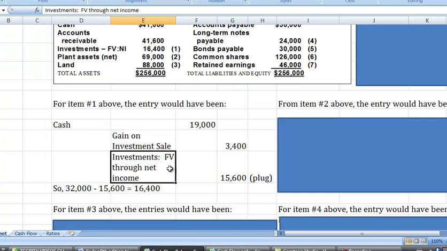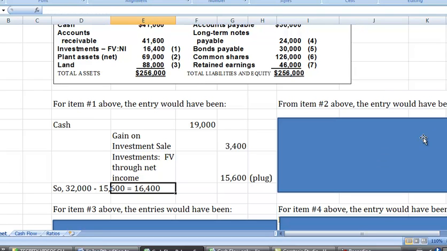So we know that we got rid of an investment that was valued on our books at $15,600. So if we started with $32,000 in 2010, and we know that in 2011 we got rid of $15,600, so the ending balance in the fair value through net income investment has to be $16,400, which is what we have here. So that's how I got that number.